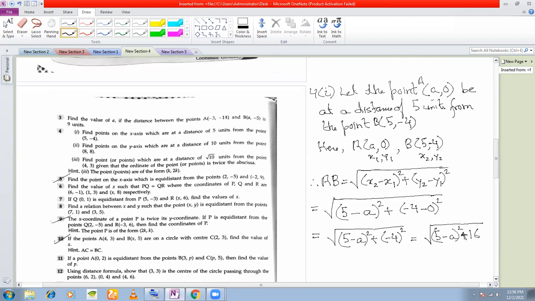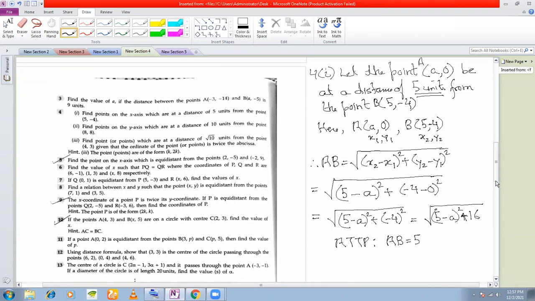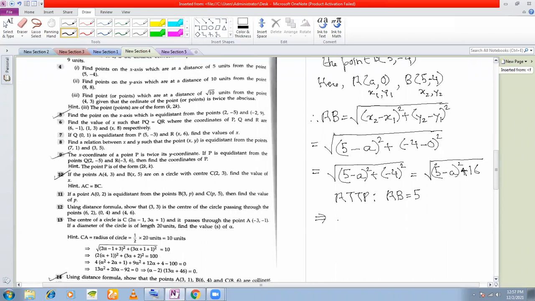And what is the distance between A and B given? 5 units. So according to the problem, AB must be equal to 5 units, right? So that means, what is the distance AB we have found in terms of a? We have found this out to be square root of (5 minus a) square plus 16 is equal to 5.